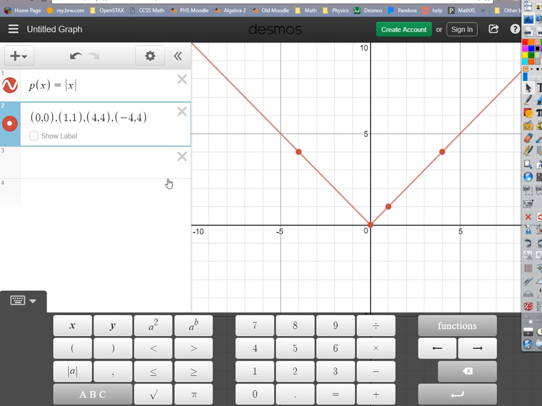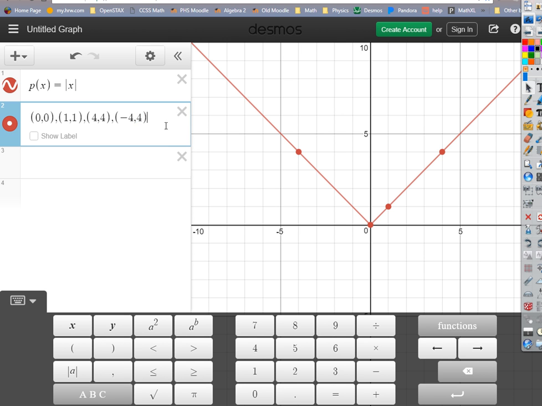How do we get those points? Well, one way we can do it is by just evaluating the function at those places. If I input a 1 for x, what's the output going to be? What's the absolute value of 1? 1. So we get back 1 for y. If I input a positive 4, the absolute value of positive 4 is positive 4. If I input a negative 4, the absolute value of negative 4 is positive 4. So it's no mystery how we get all those points then, right?